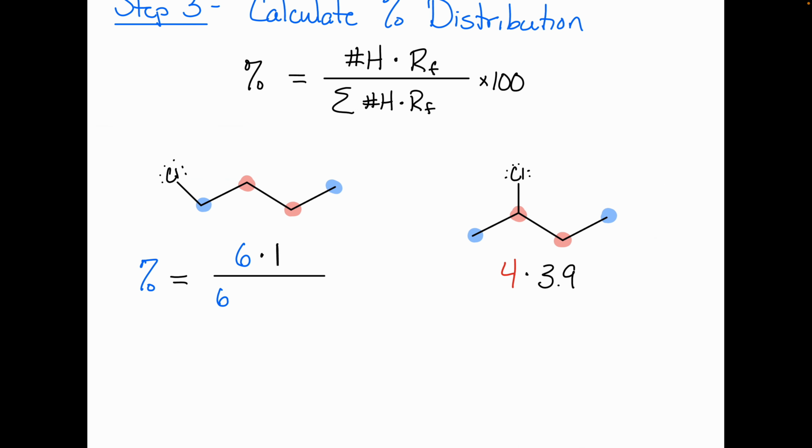So my 6 times 1 plus my 4 times 3.9, all times 100. Same denominator over here. That total number, I guess I can note this is for our red group.